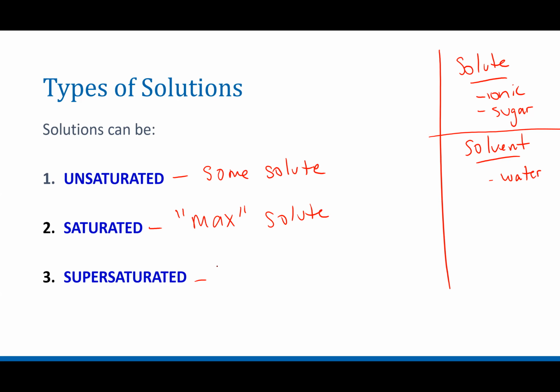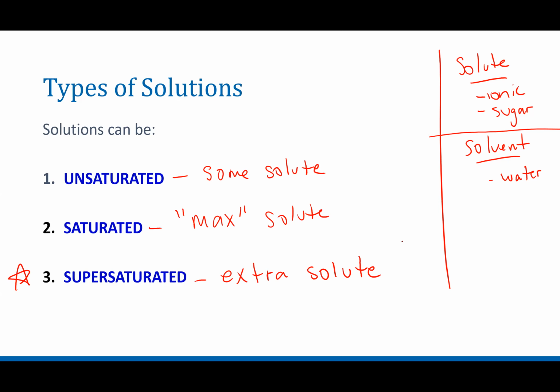And a supersaturated solution, this is an exception. This is special. It's rare and it needs special conditions, but this is when you have extra solute. I mentioned the other day what this means.